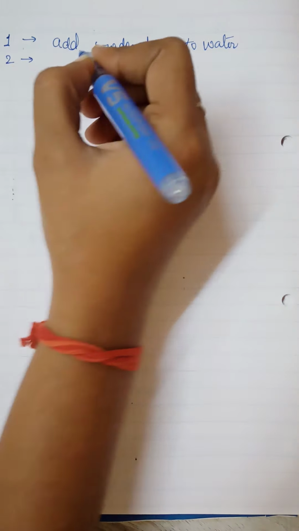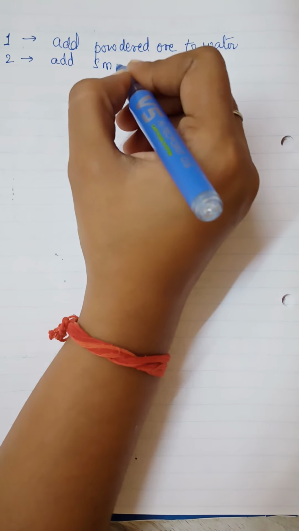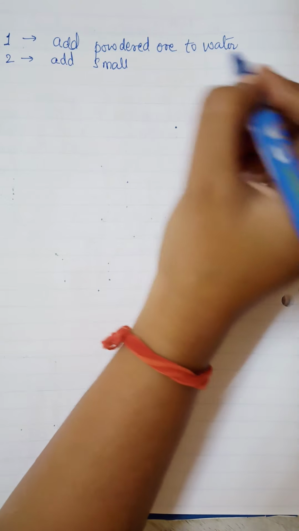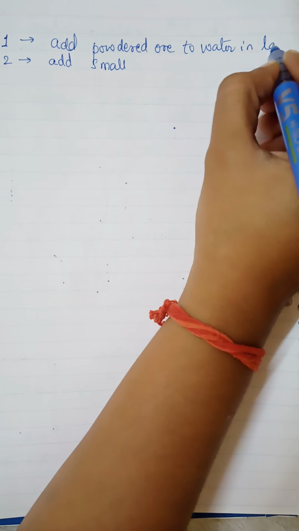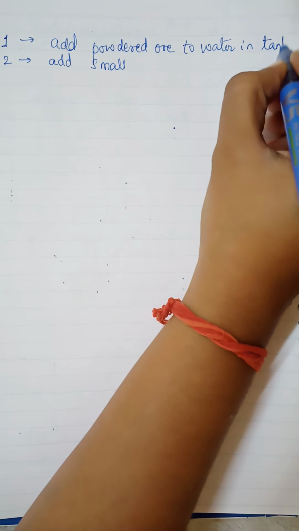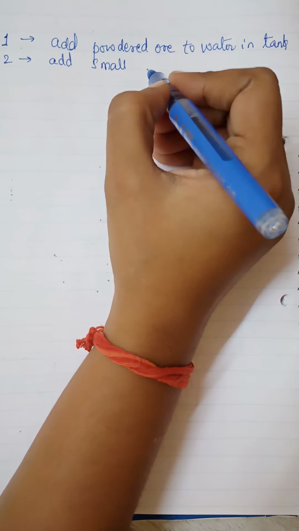Second, add a small amount of oil to the tank. Basically we are doing everything in a tank, the container of froth flotation.